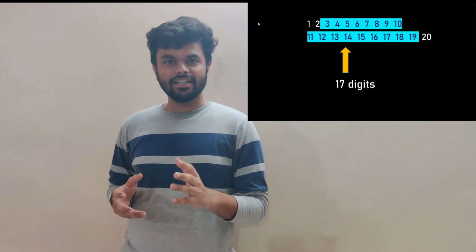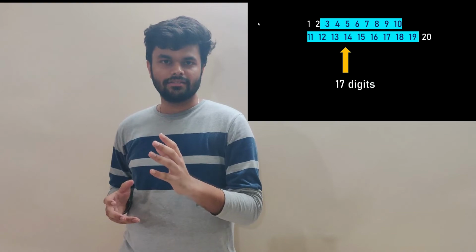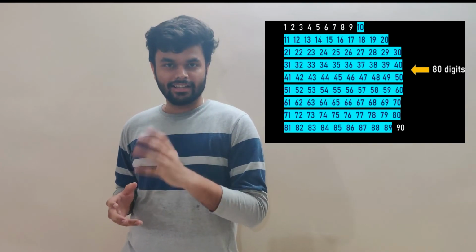Now, the next instance where 1 is a leading digit is when we reach the number 10. So 1 has to traverse 8 digits for it to be the leading digit again. 2 has to traverse 17 digits for it to be the leading digit again. Similarly, 9 has to traverse 80 digits for it to be the leading digit again.